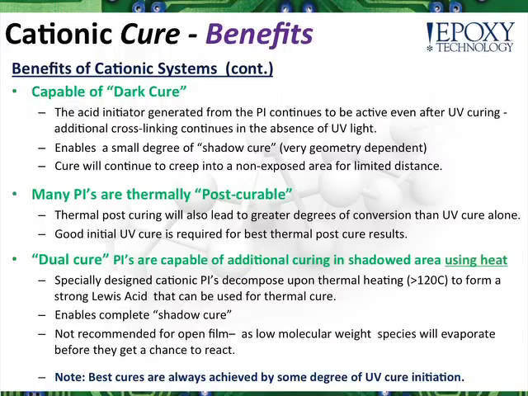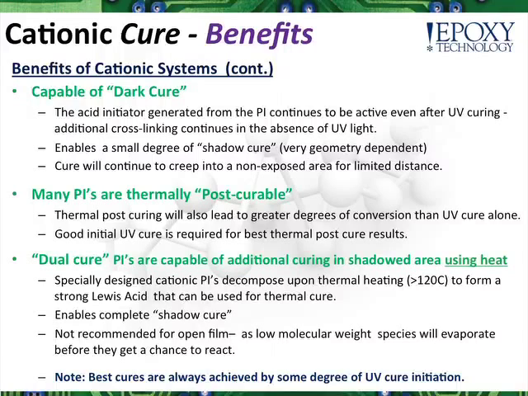Now, this is very geometry dependent, but many cationic epoxies are actually enhanced, or their depth of cure is increased with a thermal post-cure. Many of them are thermally post-curable, meaning that they can actually see heat in an oven and increase their degree of conversion, have increased physical properties, and increased reliability.